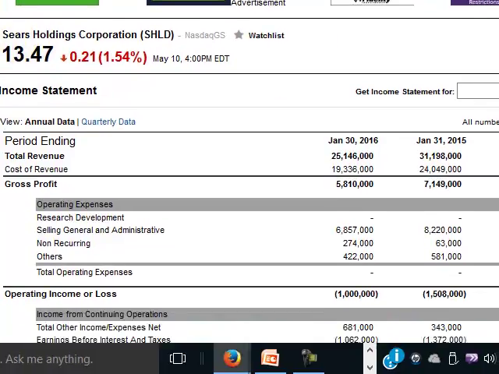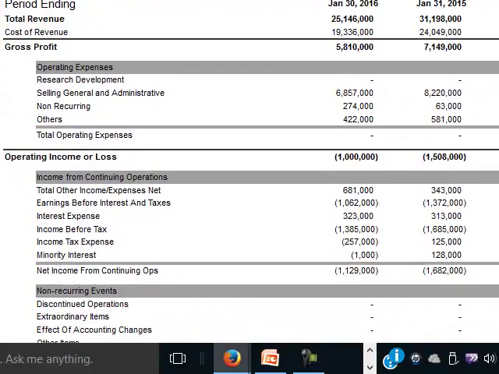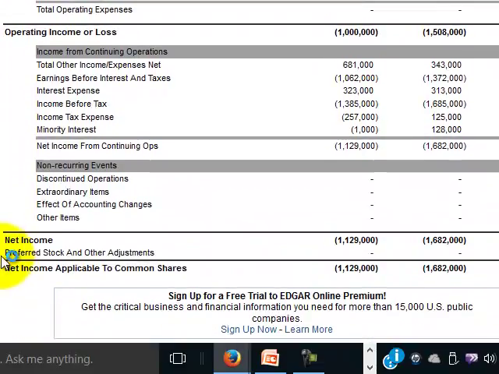And you can see I can slow down. There's the total revenues. There are all the different kinds of expenses, and right down here you see is the net income.